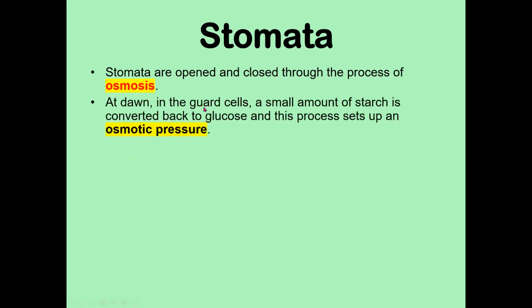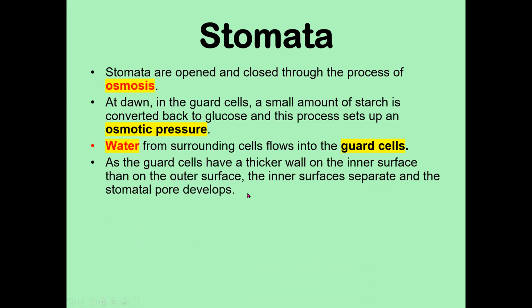And at dawn, when it opens up, a small amount of the starch that's in the cell is converted to glucose. That attracts water, and through osmotic pressure, the water moves into the guard cells themselves. Now, the walls of the guard cells are not evenly thick. The inside surfaces, you saw them, they're like this.